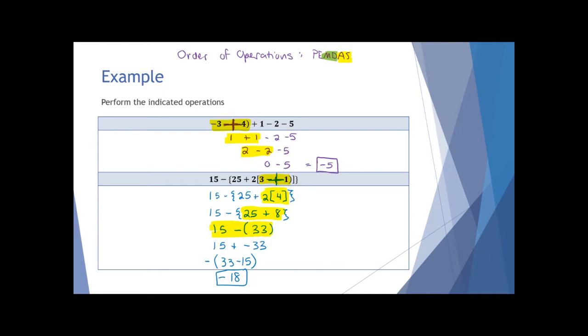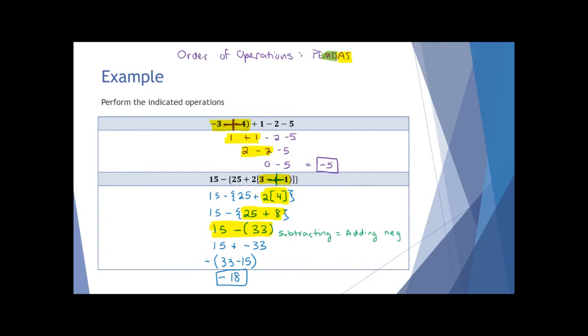And if it helps, you can write what you're doing, like the rule. Between my 15 minus 33 and 15 plus negative 33, I can write that subtraction equals adding a negative. So there's a note of what you did.